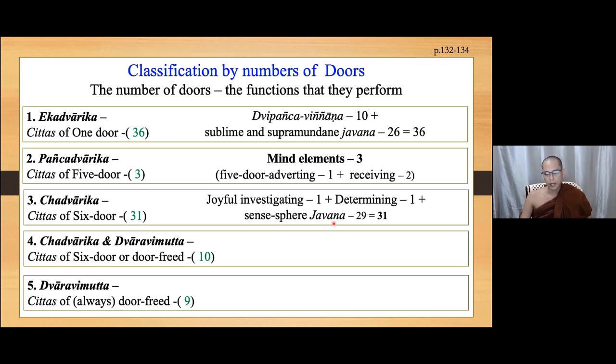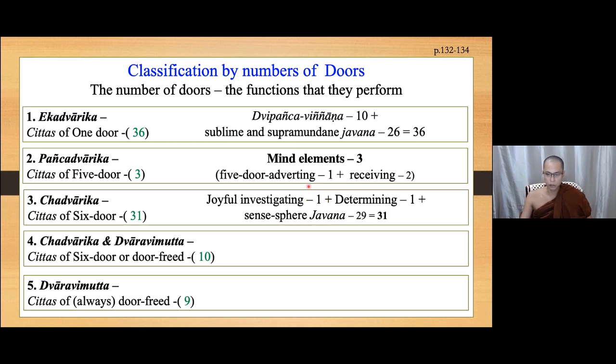Sense-pure Javana arise in the 5 doors, and also they arise in the mind door. That's why they are counted in the 6 doors. So here, joyful investigating can arise in the mind door, performing the function of registration.